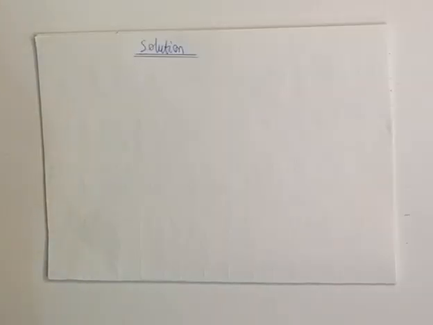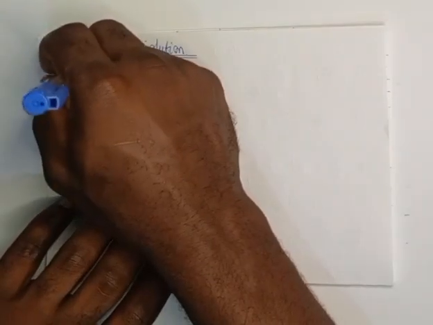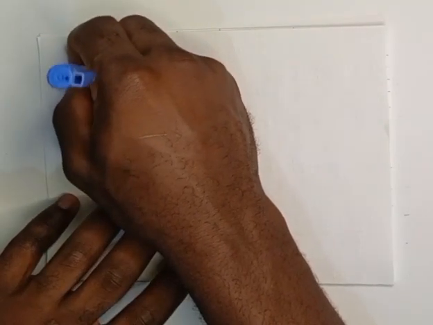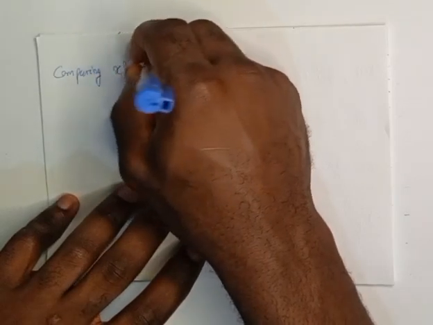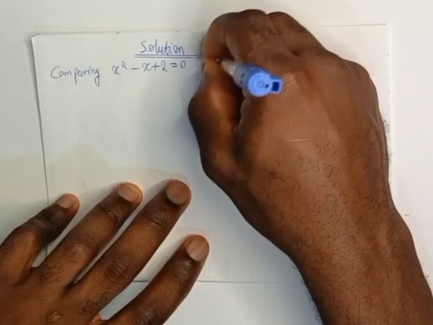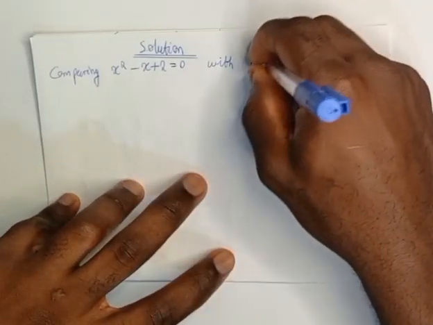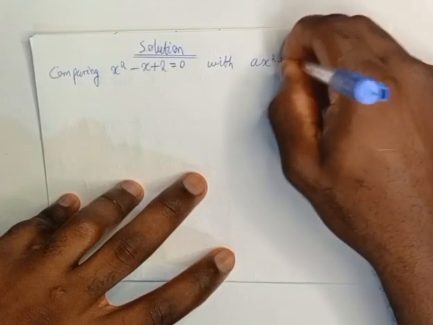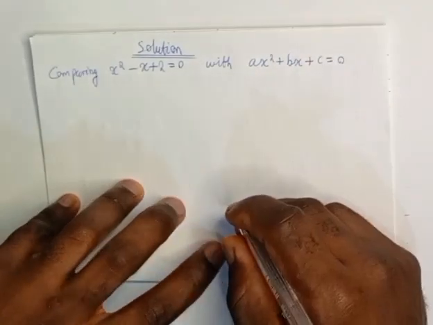First, we are going to start by comparing the given quadratic equation x squared minus x plus 2 equal to 0 with the general form of a quadratic equation ax squared plus bx plus c equal to 0.